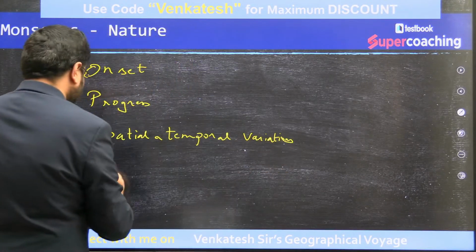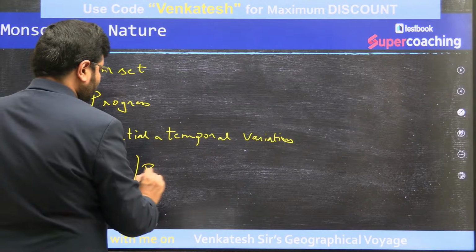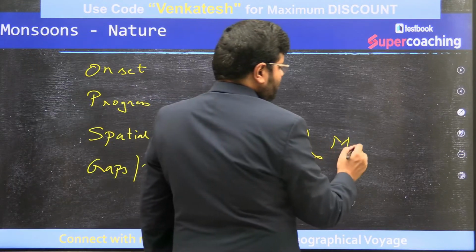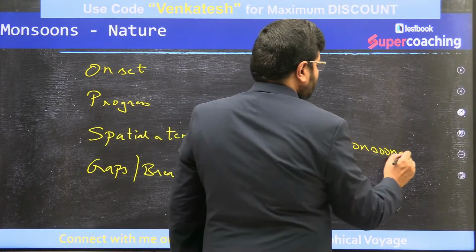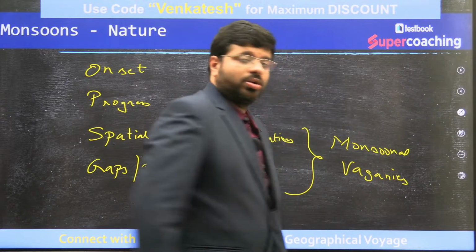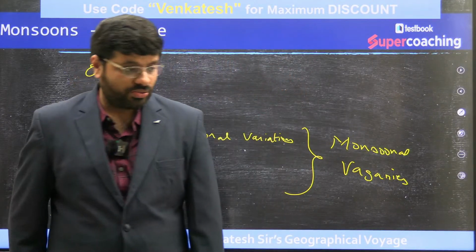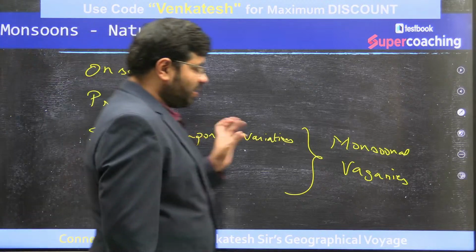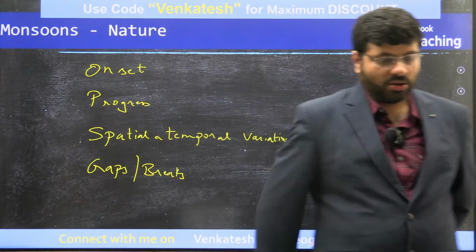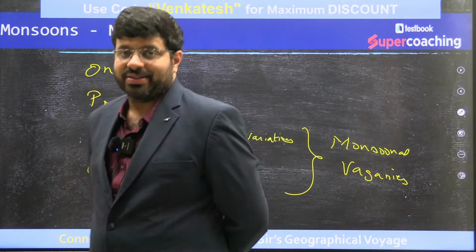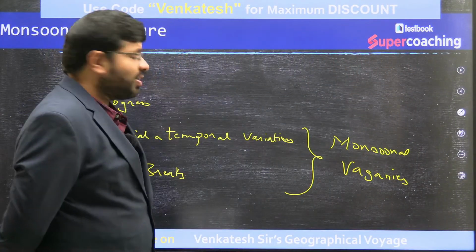The gaps or the breaks, all this is what we call the vagaries of monsoons. You can see the variations, the gaps, the breaks, the spatial and the temporal variations, and all these kinds of things, right?